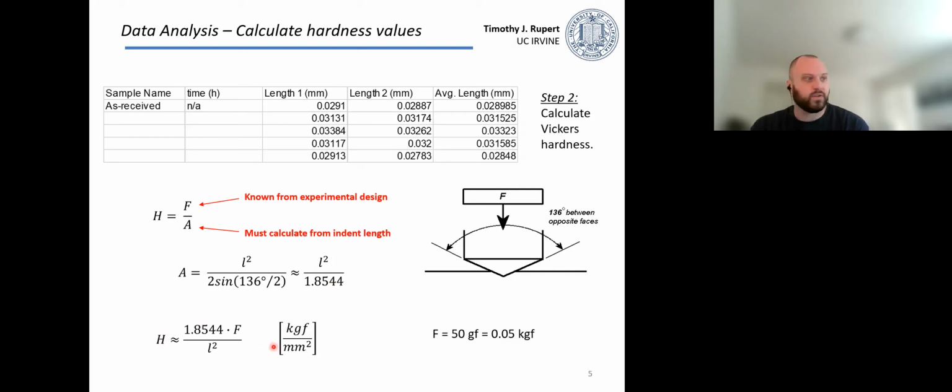The typical units are kilograms force divided by millimeters squared. So we need to make sure the numbers we're plugging in have the correct units. Our lengths are in millimeters, so that's fine. The force we said was 50 grams force. We want to convert that to kilograms force, so divided by 1,000, it's 0.05 kilograms force.